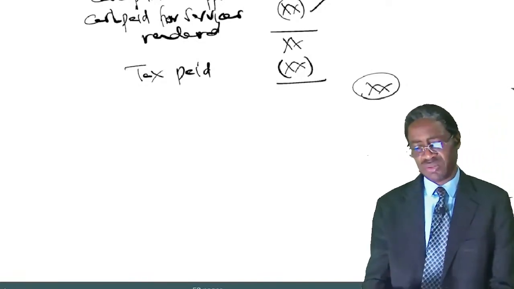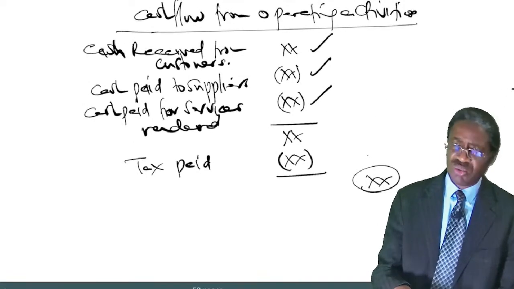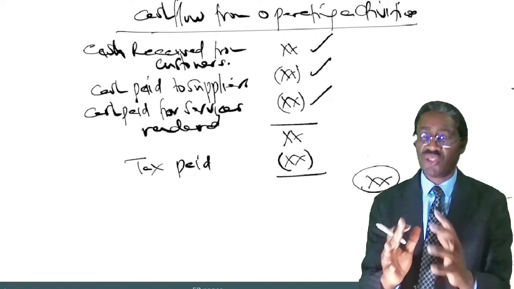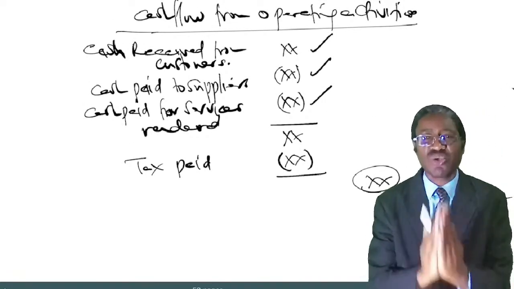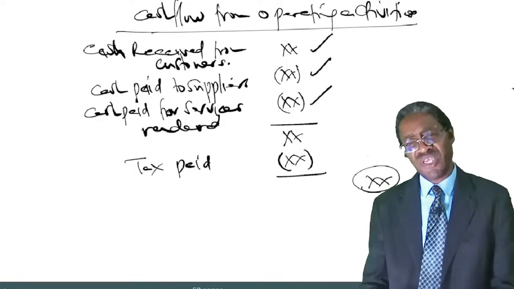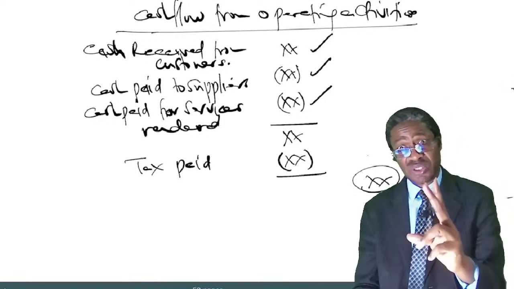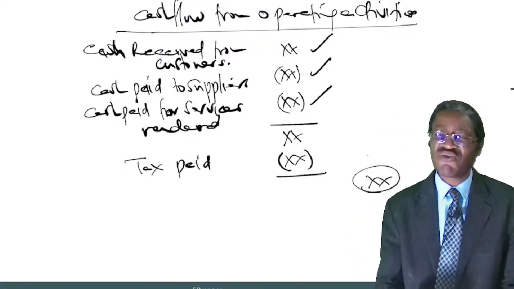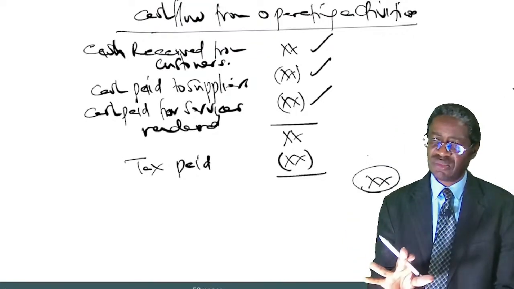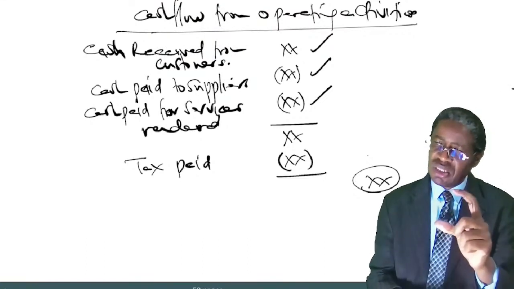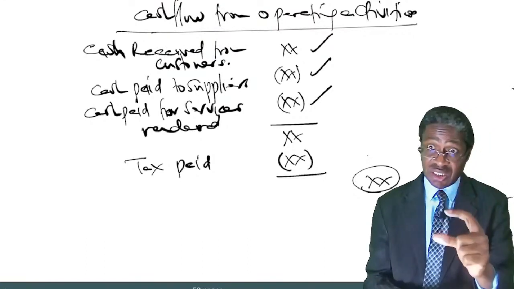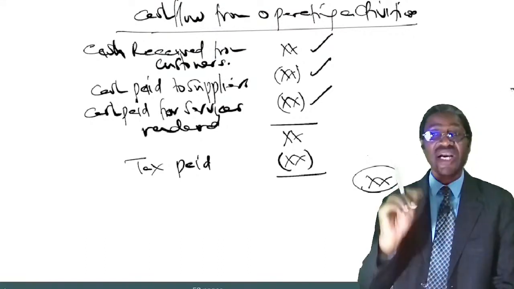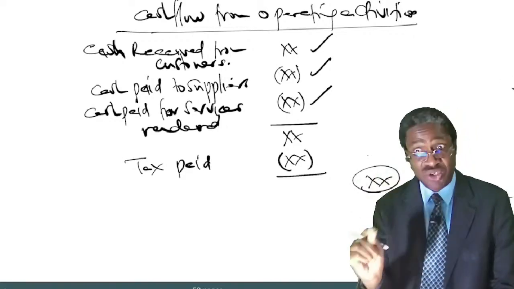So let's continue. I want to take you through slowly now on how to determine each of these three amounts. One is what we are calling the cash received from customers. Listen, we are not saying cash received from debtors. We are calling it cash received from your customers.